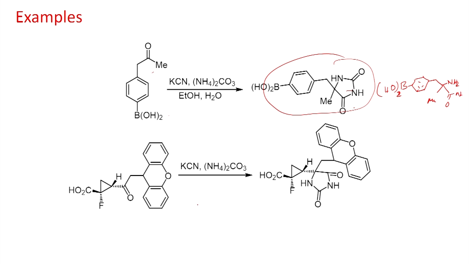And similarly, another example shows the reaction of this ketone with ammonium carbonate and cyanide ion. This also can be converted into this, which can be further hydrolyzed to the corresponding amino acid derivative.